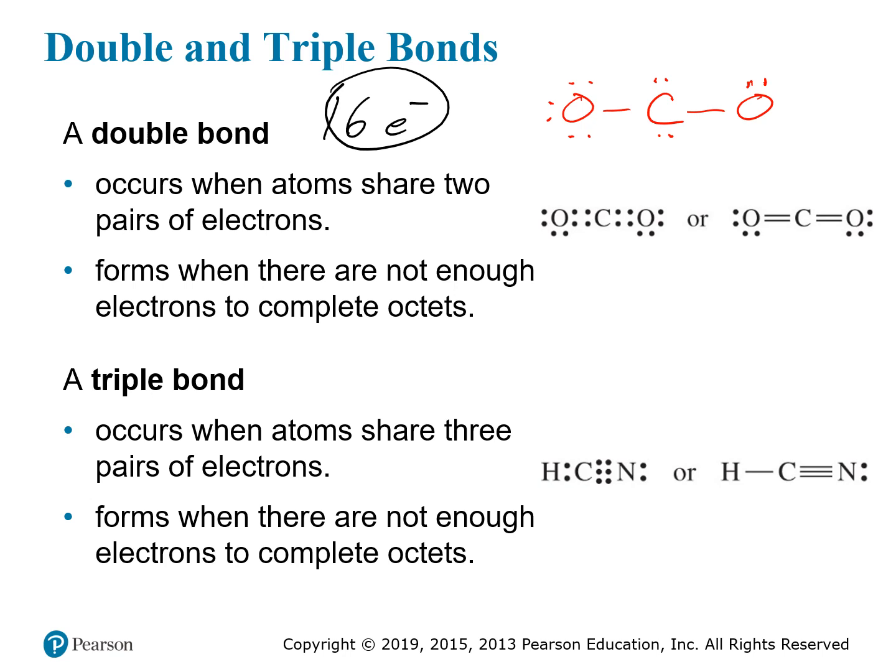And if you look at this molecule, there are some things wrong with it. The left oxygen and the carbon both have octets, so that's okay. But the right oxygen does not have an octet. It looks like it only has 4 electrons, which is certainly not an octet.